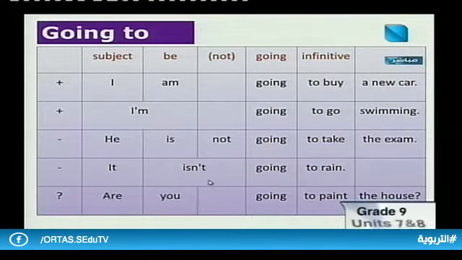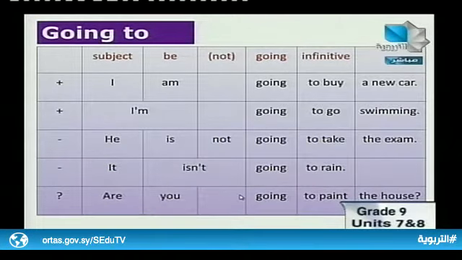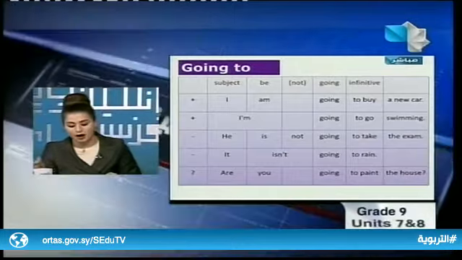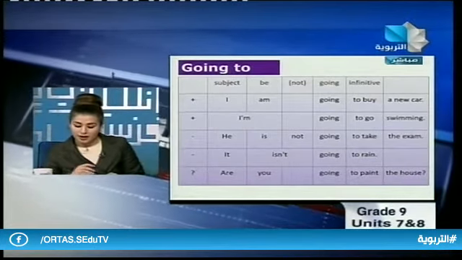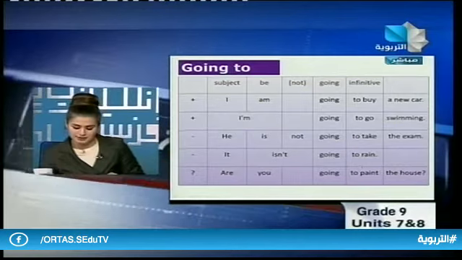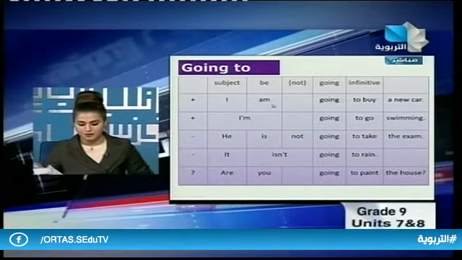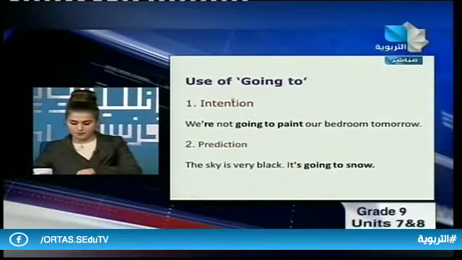The verb to be depends on the personal pronoun: am with I, is with he, she, it, and are with we, you, they. The negative form is to add not to the helping verb am, is, are. After going to, we always have the infinitive form. So we are going to buy, we are going to go, and then the rest of the sentence. This is about the form of the going to clause. Now, the reason why we use going to.